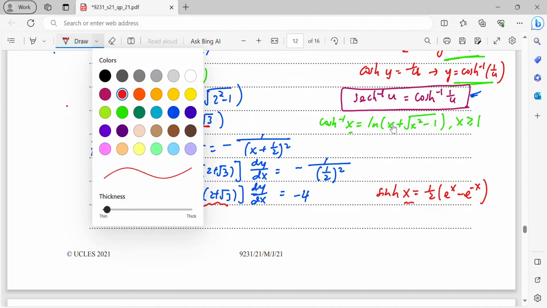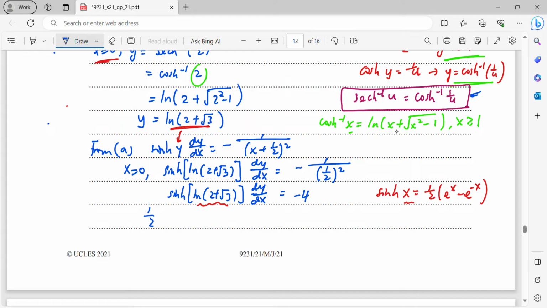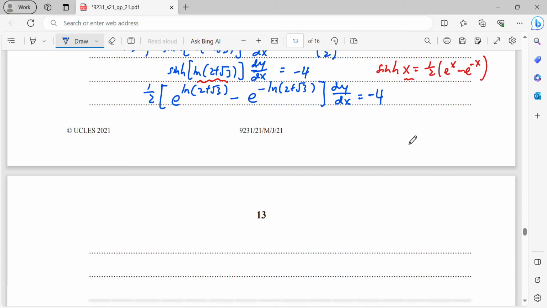I will be getting half of exponential ln 2 plus square root 3 minus e to the negative ln 2 plus square root 3, dy dx equals negative 4. Then from here, basically we have another formula, e to the ln A is A. So these two can be cancelled off, right? But the e to the negative you have to bring up first.